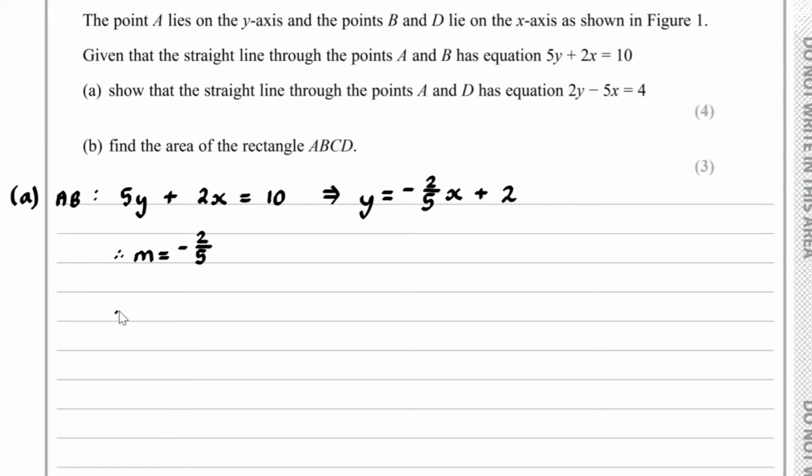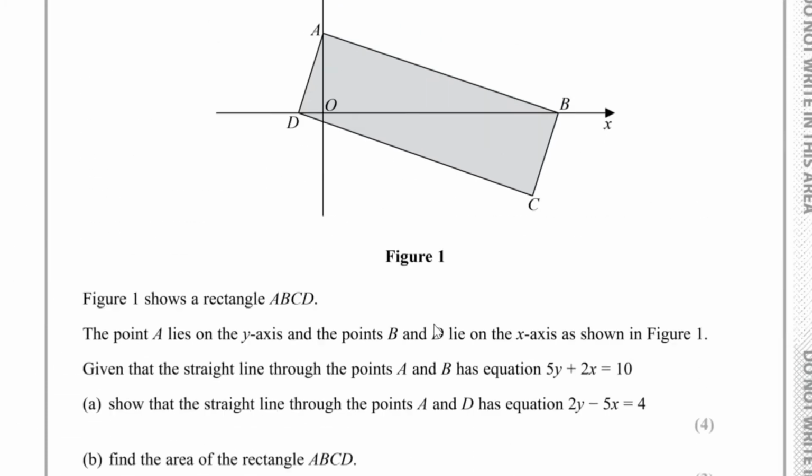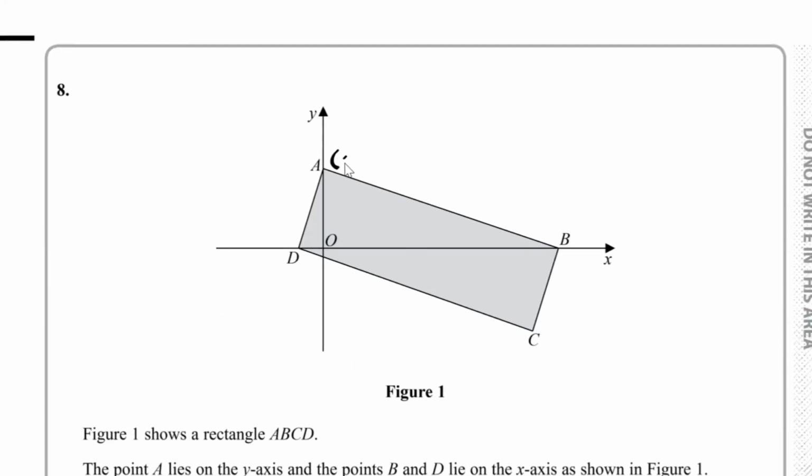Now when x is equal to 0, we can find out the corresponding y value. We've got 5y equals 10, so y is equal to 2. And so therefore the point A would have coordinates 0, 2. Let's add this to the diagram. We have the point A, 0, 2.